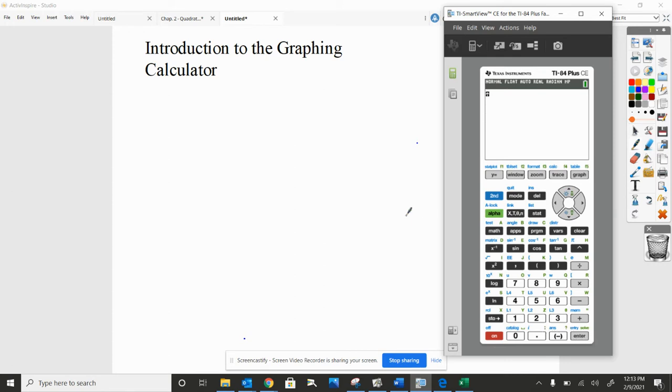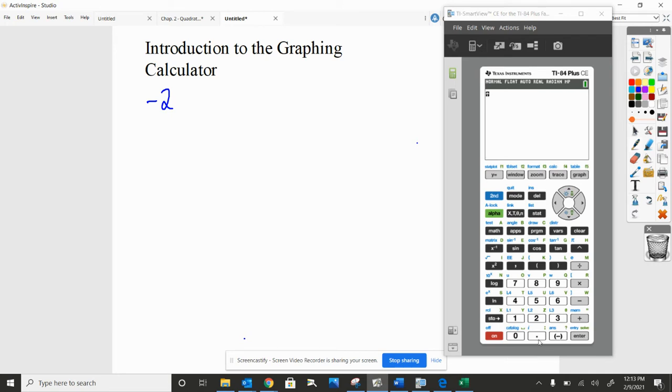Anytime you are plugging in a negative number, so let's say you wanted to plug in -2, okay? Your calculator gets super mad if you use the wrong one. Anytime in your head that you're saying negative, you need to use this little negative button down here.